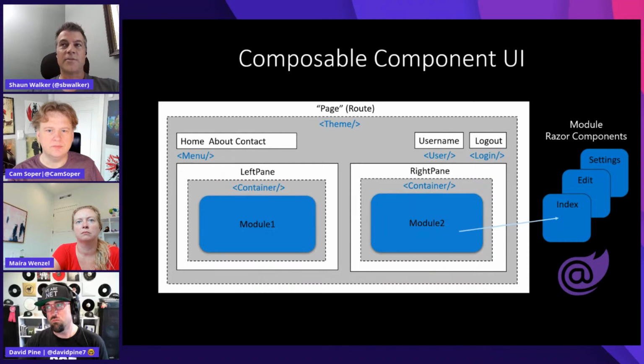Rather than the typical Blazor approach where everything is statically embedded within your Razor components, with components nested within other components, all static and declared right in your code, in Oqtane these components are dynamically injected at runtime.